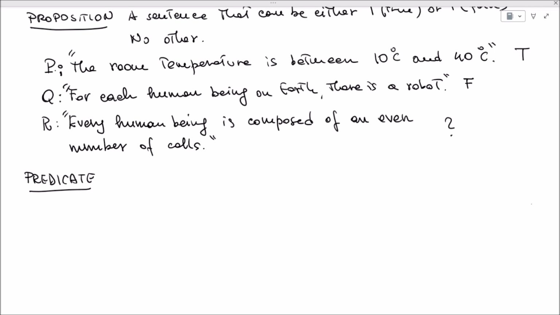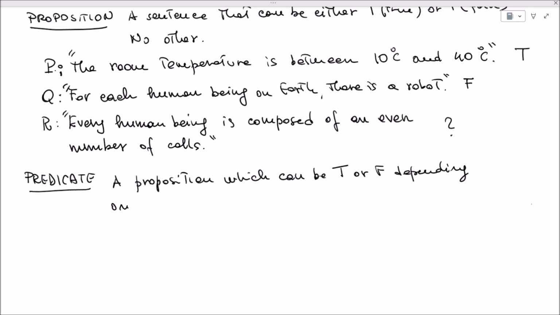So a predicate is a proposition which can be true or false depending on the values of its parameters.